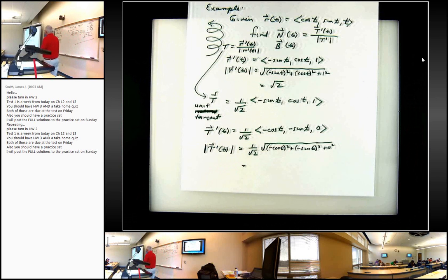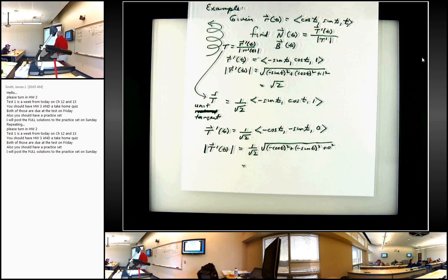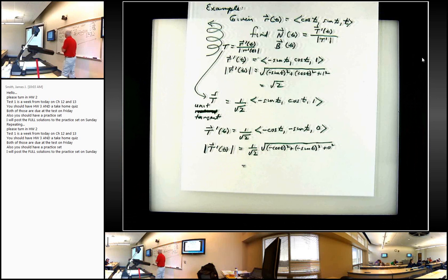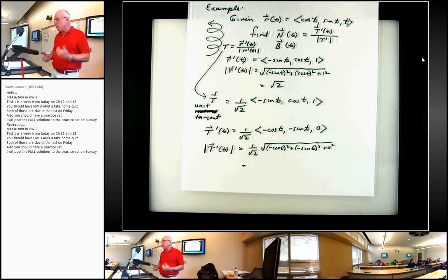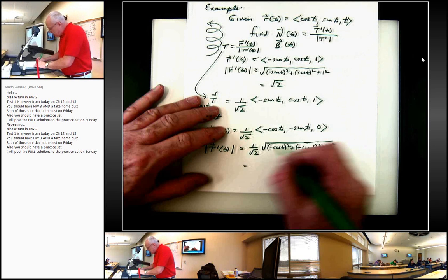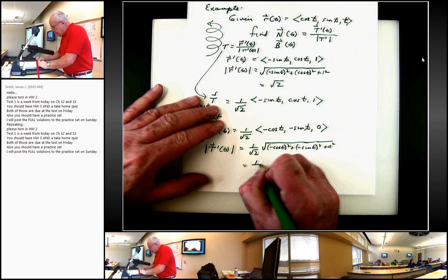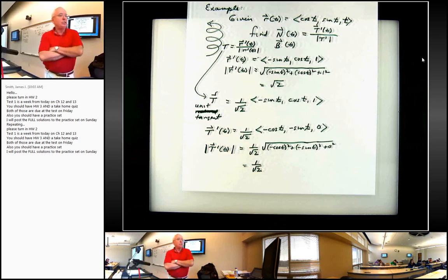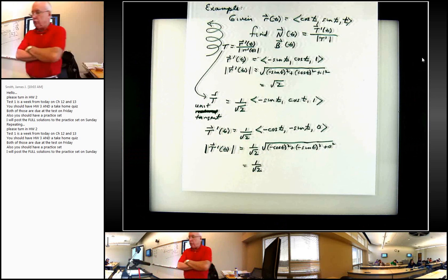Okay, well, what are we going to get there? Under the radical, we're just going to get 1. Cosine squared plus sine squared, we have 1. So the magnitude of T prime is 1 over the square root of 2.